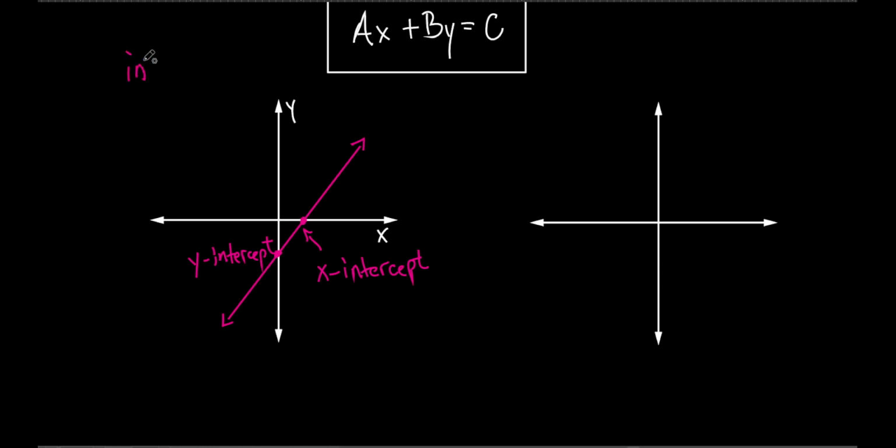We say it intersects, which means it crosses it, but the actual point where it crosses is called an intercept, C-E-P-T. It's a little bit of a difference. They have some similarities, definitely, but they intersect, and we call the point itself the intercept. Got it? So this is the x-intercept. That's the y-intercept.